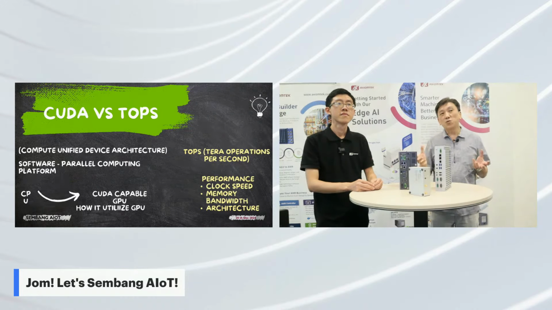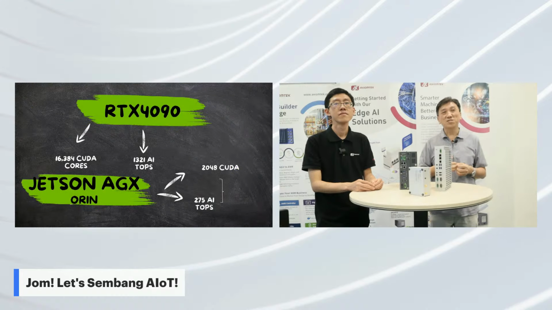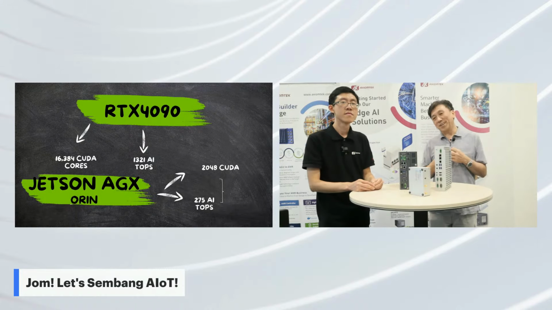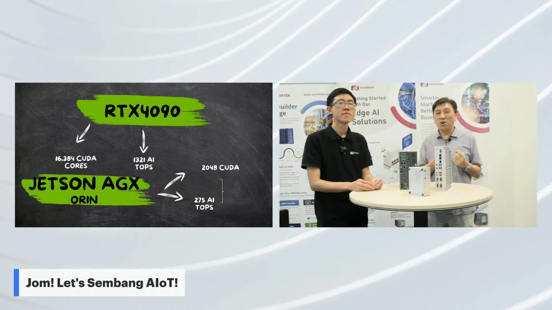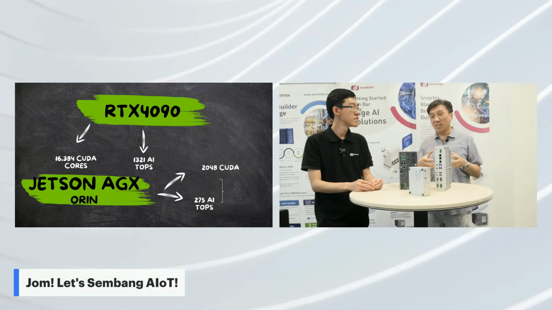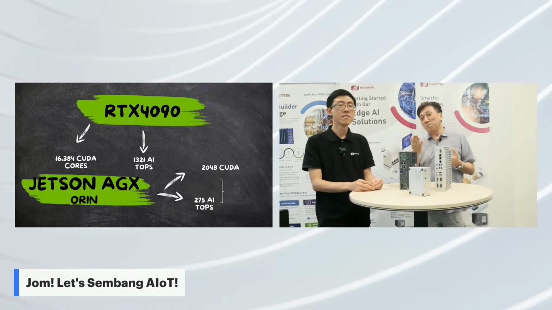So we were talking about CUDA and TOPS. What are the differences? We skip this part, I think you can find that info. And then we also talked about how you can visualize the performance compared to a gaming RTX GPU, with 16,000 plus CUDA cores and 1,000 plus AI TOPS, compared to the Jetson AGX Orin, the latest AGX Orin, which can do a maximum of 270 AI TOPS and 2,000 plus CUDA cores.